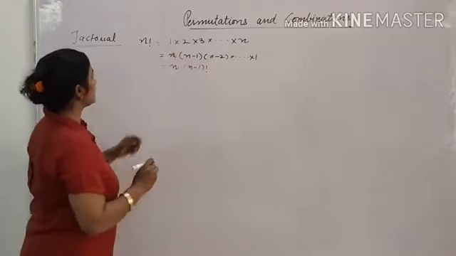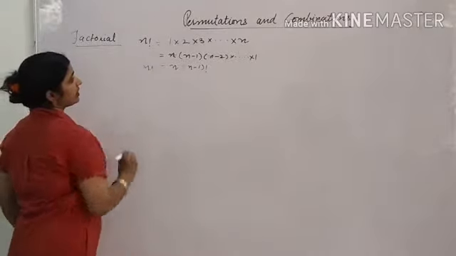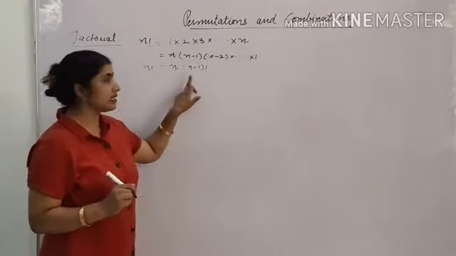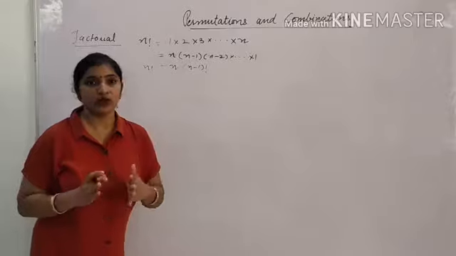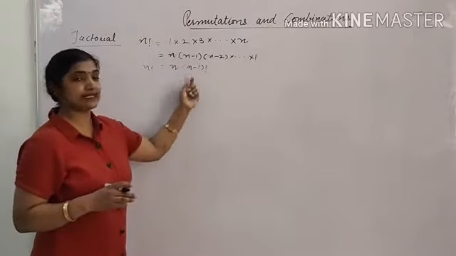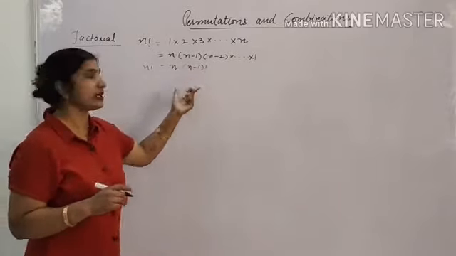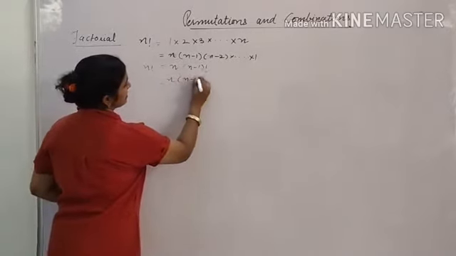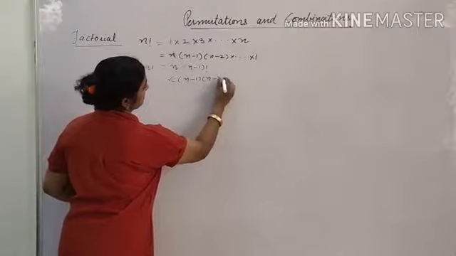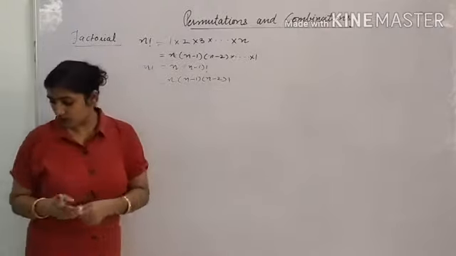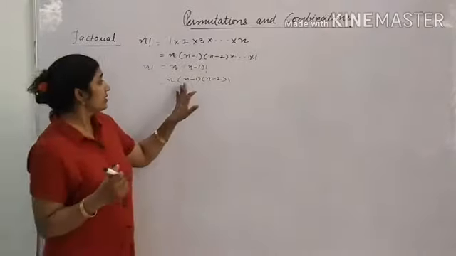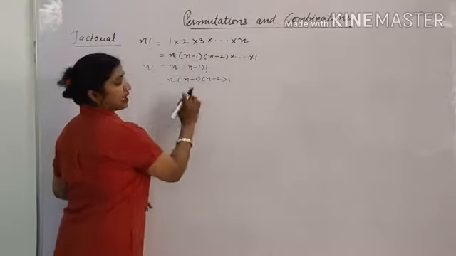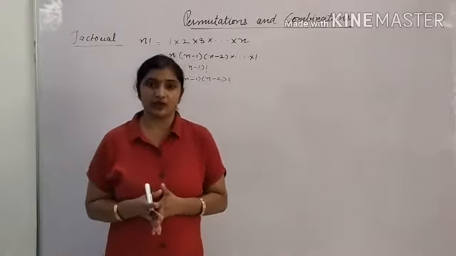So it is very clear that n factorial is n into n minus 1 factorial. We can further extend this: n minus 1 factorial is n minus 1 into n minus 2 factorial, and so on. So this formula is to simplify the numerical problems.